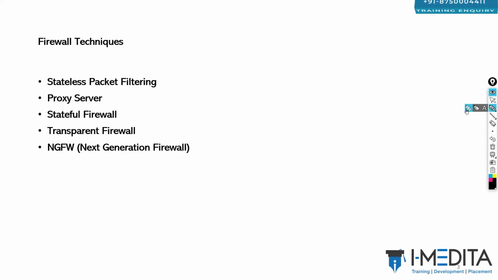Next, we have firewall techniques. These are the major techniques used in firewall. First is stateless packet filtering, second proxy server, third stateful firewall, next transparent firewall, next generation firewall.